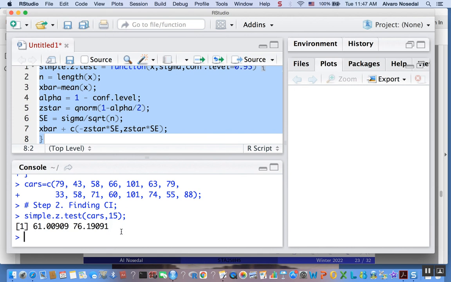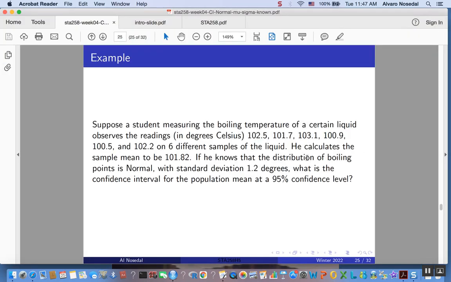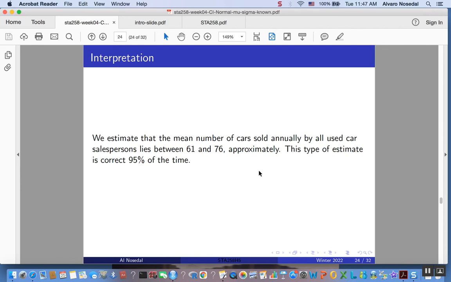Okay. And finally, just the interpretation. And again, I want you to be careful with that confidence level, right? So yeah, we estimate that these guys are going to be selling between 61 and 76 cars, roughly, right?